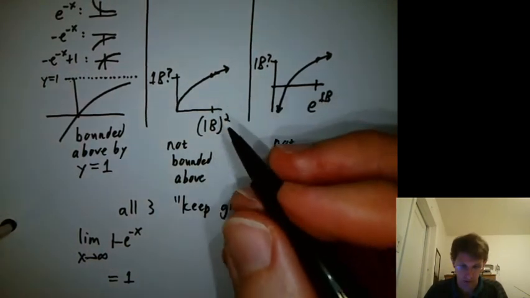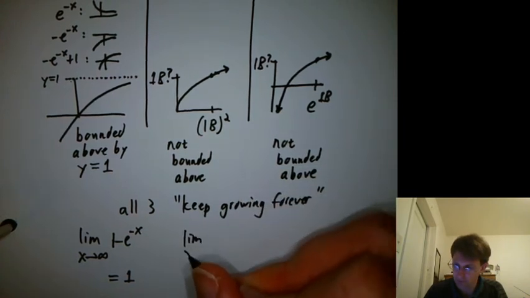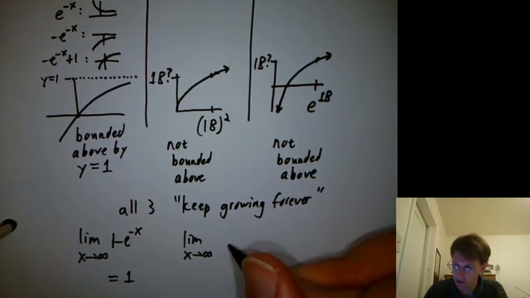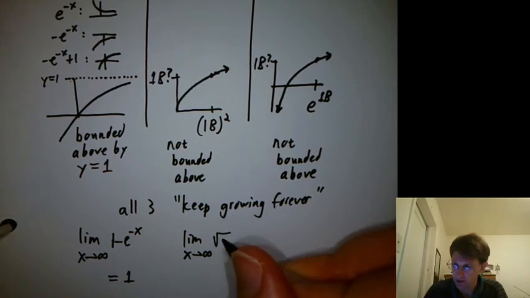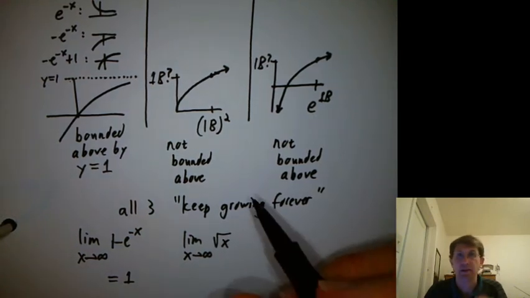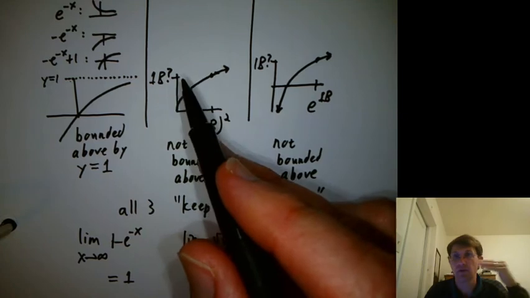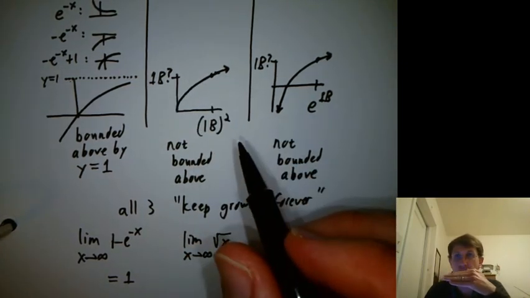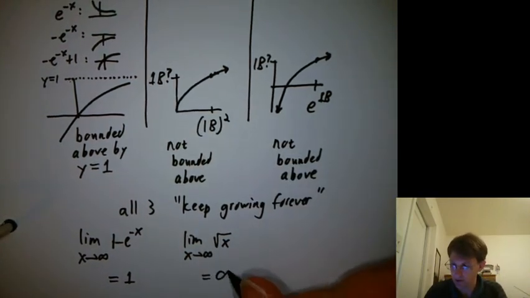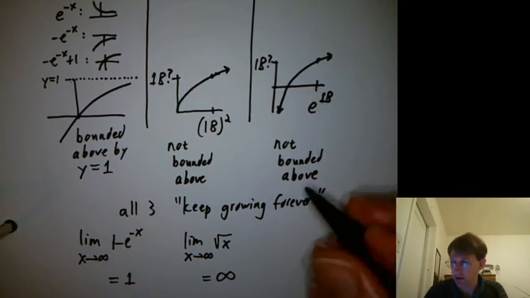How about this one? The limit as x goes to infinity of root x. Well, I can't say it's any particular cutoff, so it must be infinity. And then the same thing here.